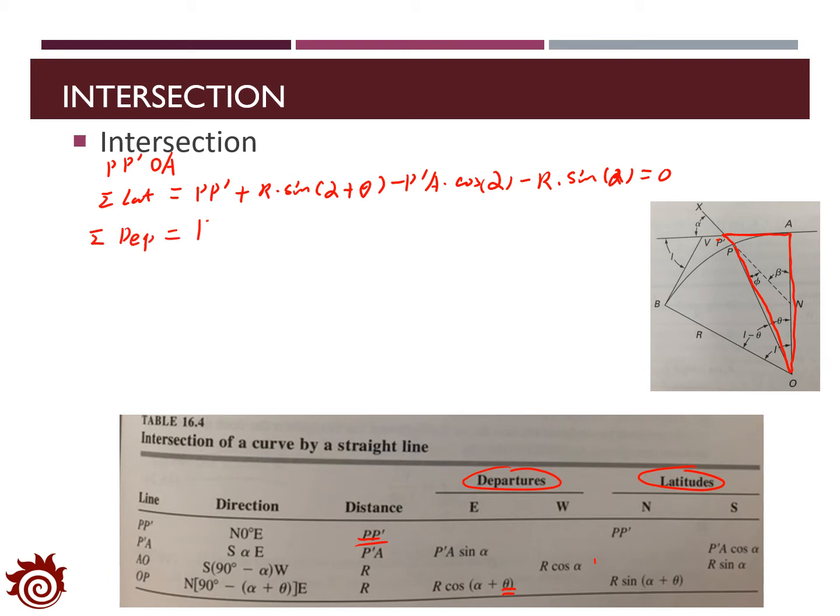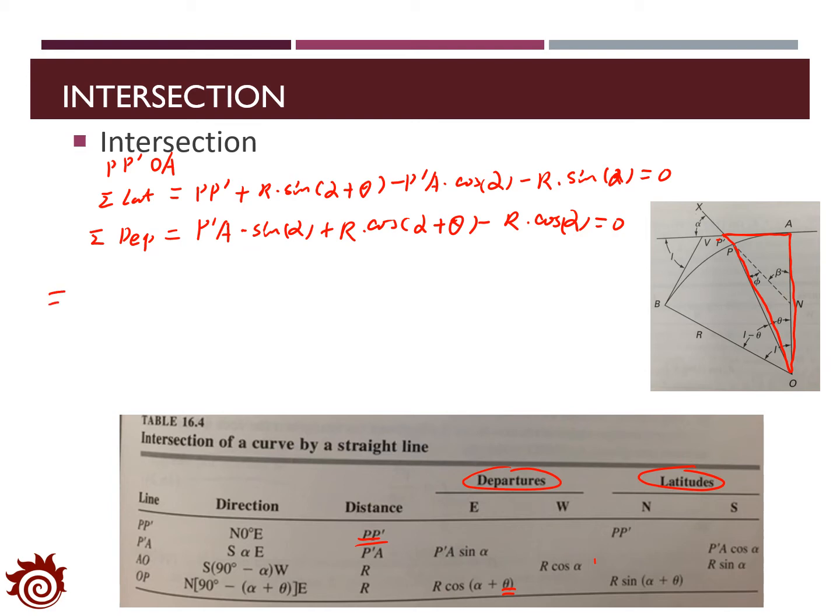That is P'A times sine alpha plus R times cosine alpha plus theta minus R times cosine alpha equal to 0.